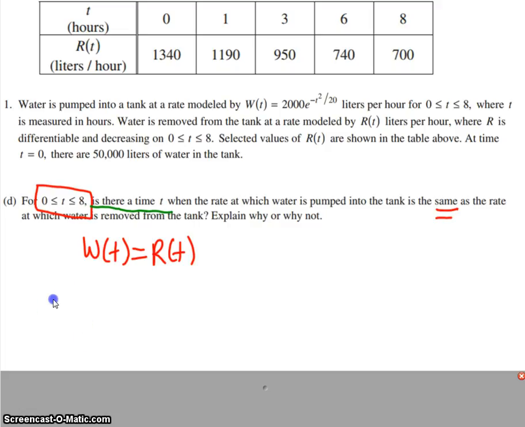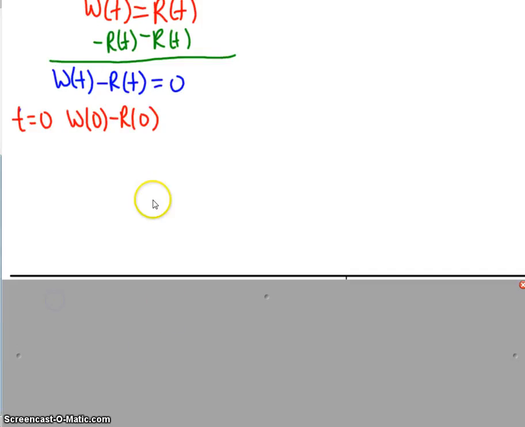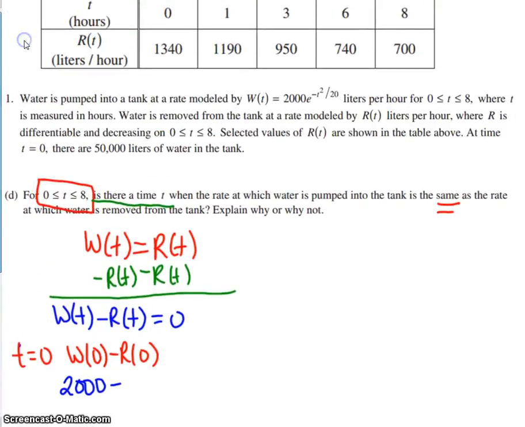So what you're going to do is find when W of t minus R of t equals 0. When I plug in t equals 0, W of 0 minus R of 0: W of 0 is 2,000. R of 0, looking back at the table, is 1340 right here.